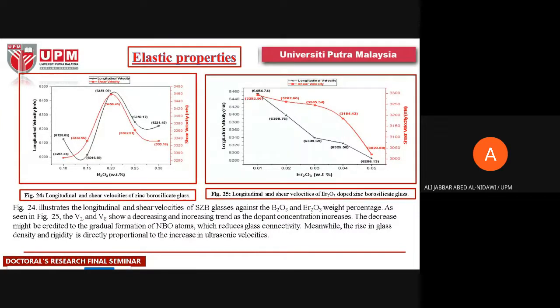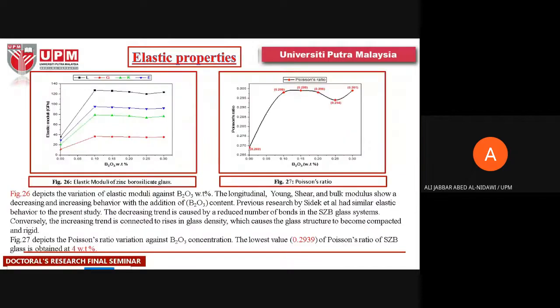Meanwhile, the rise in the glass density and rigidity is directly proportional to the increase in the ultrasonic velocities. From the elastic models against the boron, we can see there is an increasing and decreasing behavior with the addition of boron and erbium.